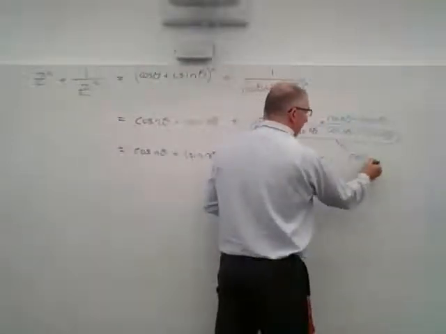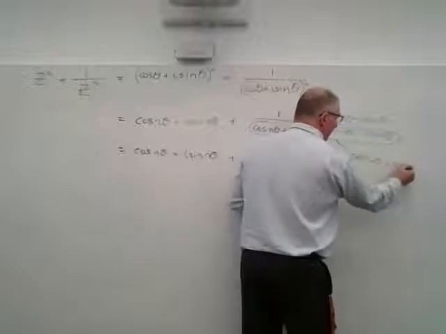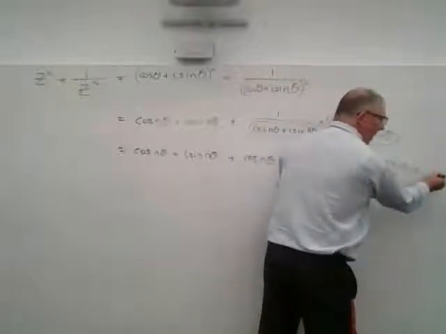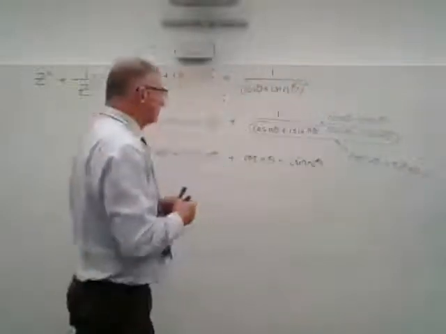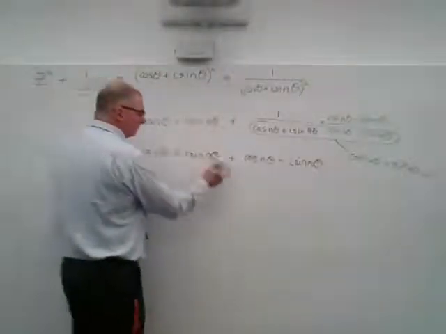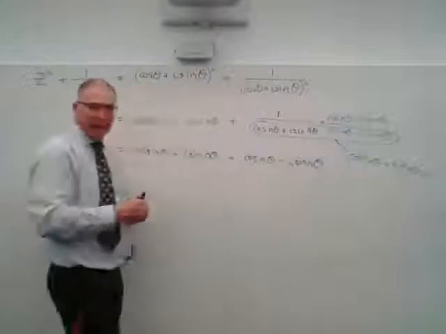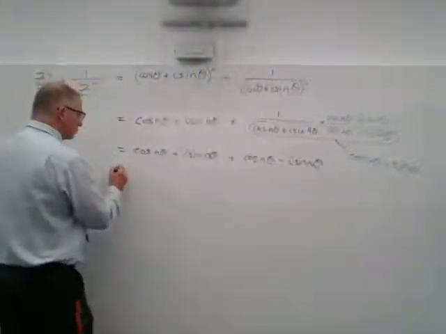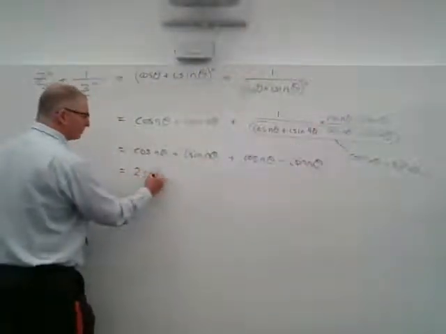And as before, that and that will cancel, being opposite in sign. So we have 2 cos n theta.